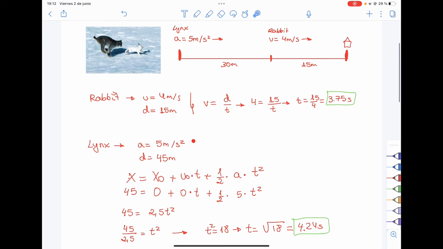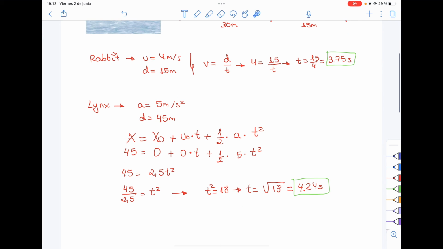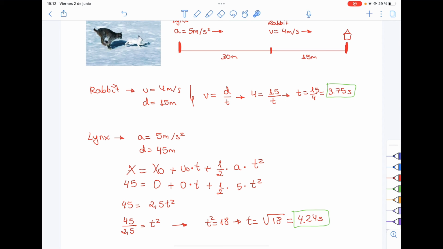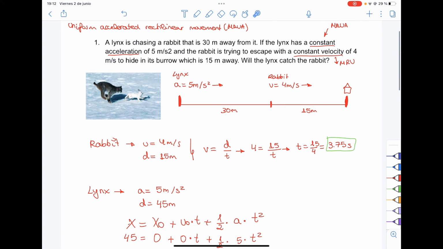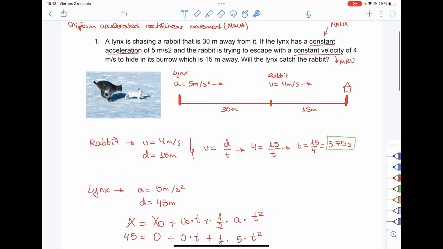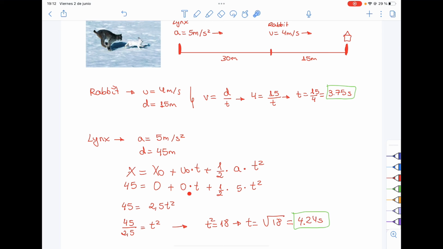And since the lynx has acceleration, I can use this formula, which is the formula for accelerated movement. So total distance 45, initial distance 0 because we start at the beginning. Initial velocity 0. Since they don't tell us the initial velocity of the lynx, we can assume that the lynx was at rest. And in here I multiply by the time, then a half times acceleration, which is 5, and then time squared.